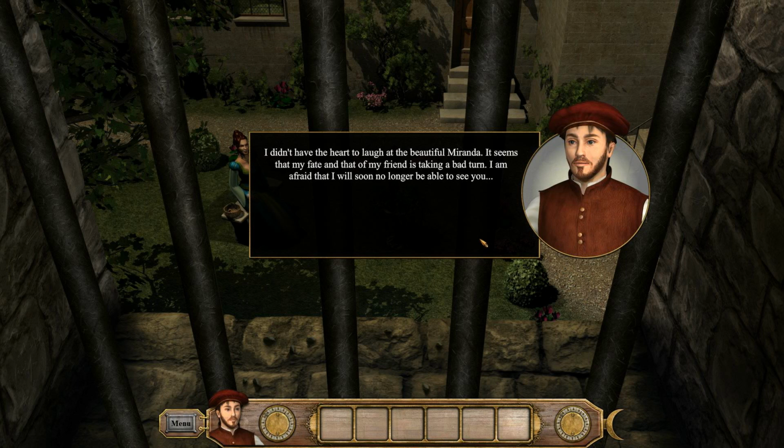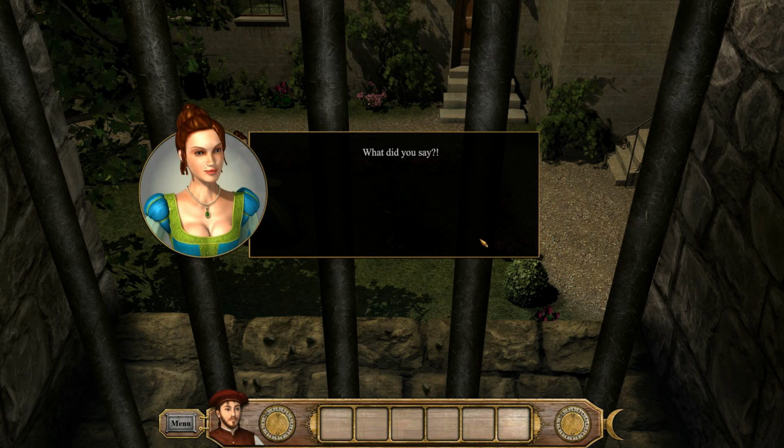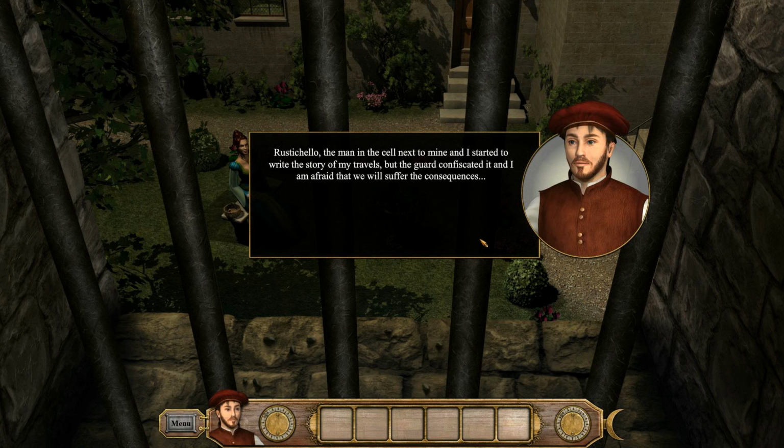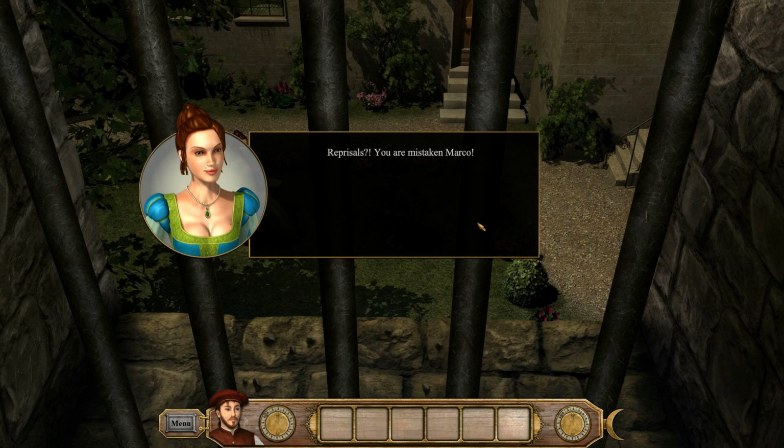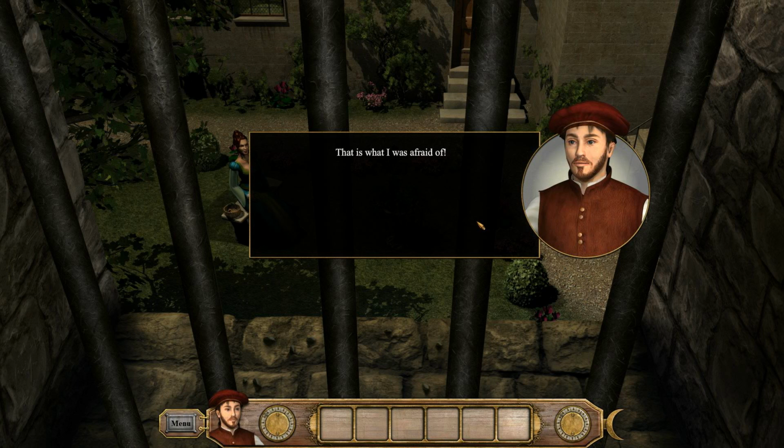Seems that my fate and that of my friends is taking a bad turn. I'm afraid that I will soon no longer be able to see you. What did you say? Rustichello, the man in the cell next to mine, and I started to write the story of my travels, but the guard has confiscated it, and I'm afraid that we will suffer the consequences. Reprisals? You are mistaken, Marco. After reading your manuscript, my father decided to have you transferred. That is what I was afraid of.